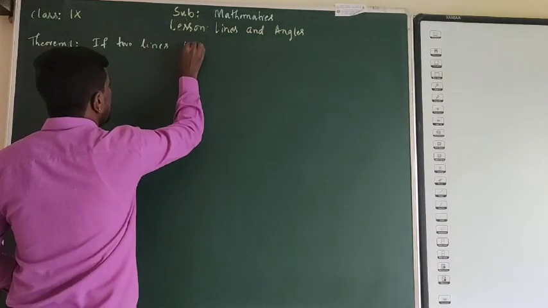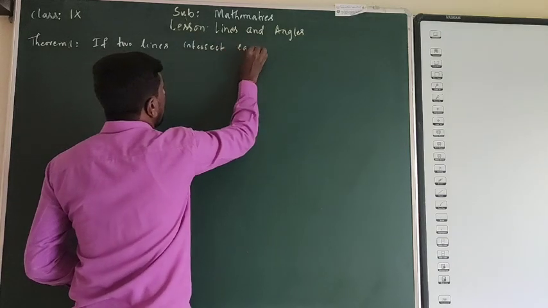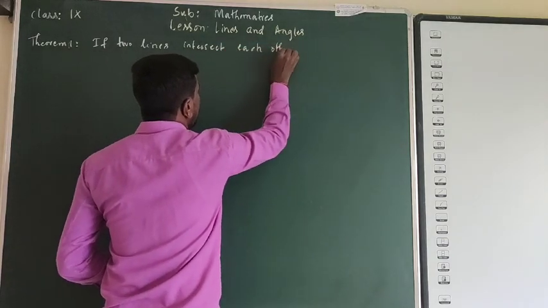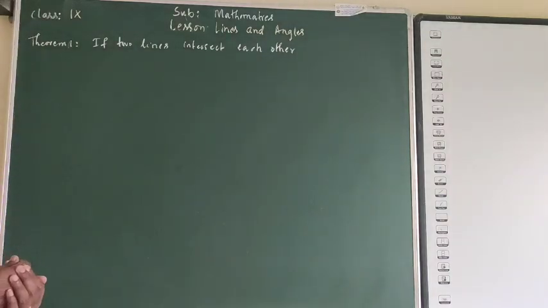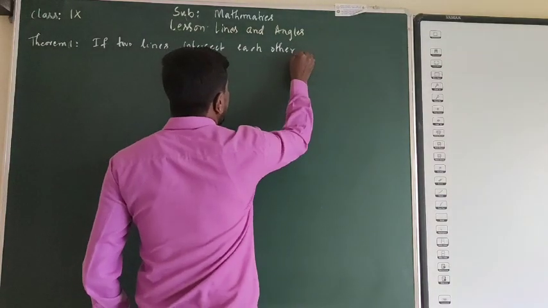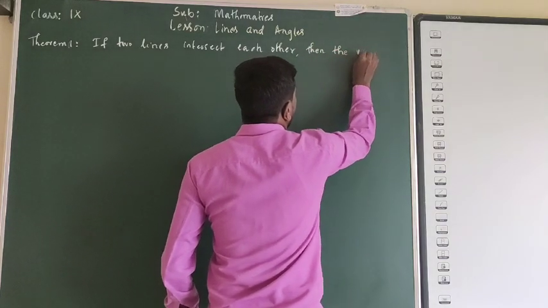Now we need to prove that if two lines intersect each other, then the vertically opposite angles are equal.